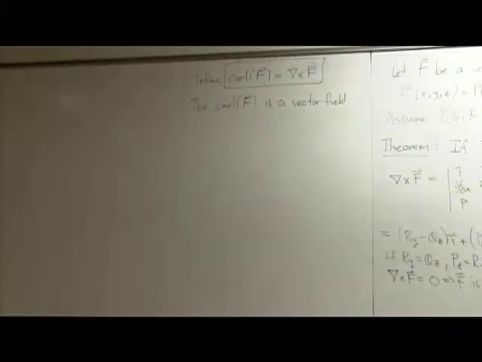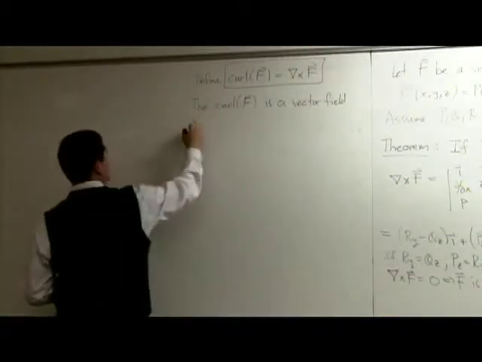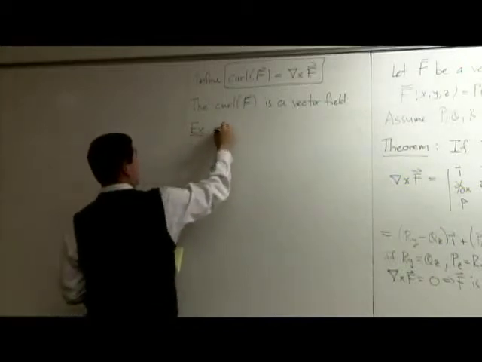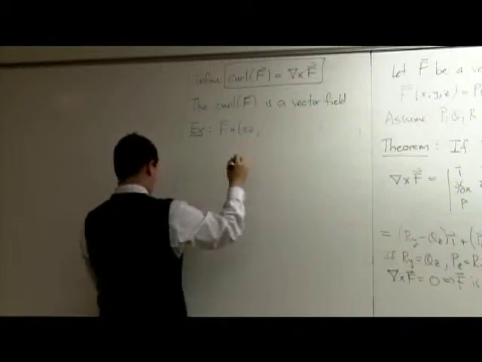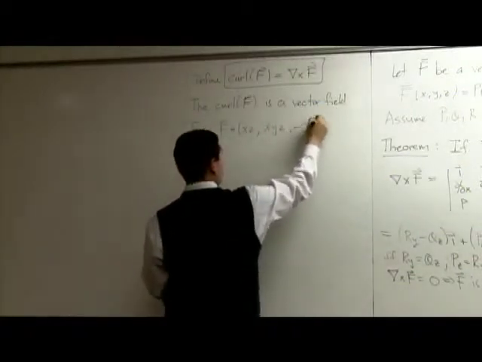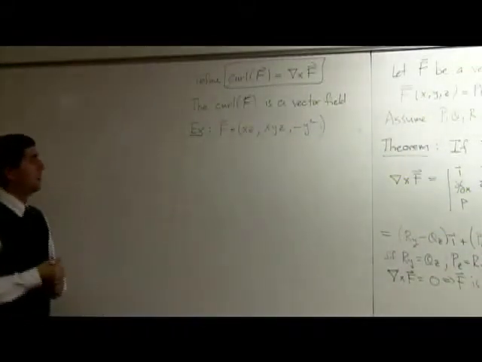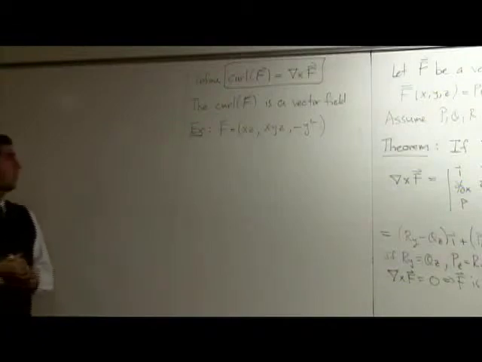All right. How about we do just a quick example? Let me give you a vector field. It'll be xz, comma, xyz, comma, minus y squared. Okay.